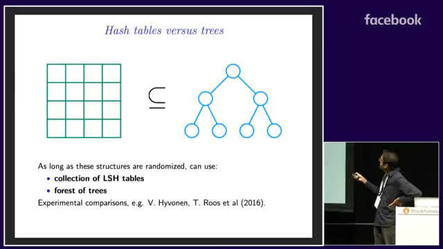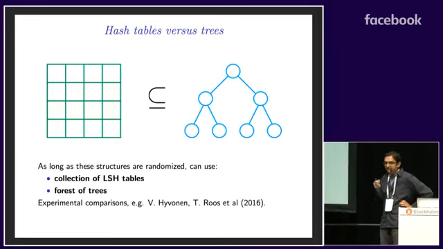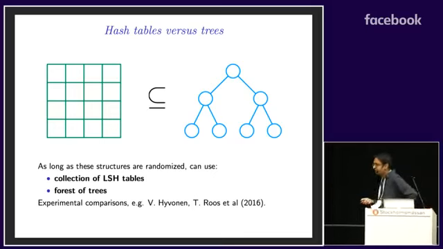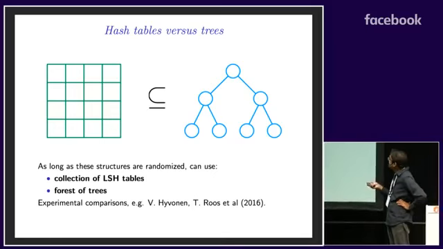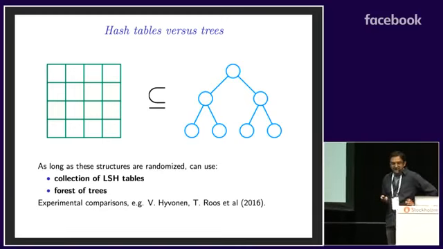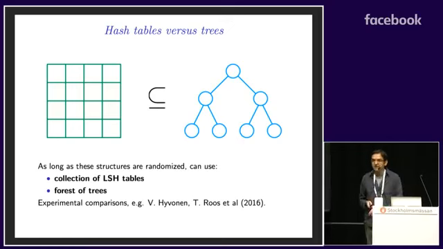And you can similarly use a randomized tree and build a forest of these trees and compare which is better. There are increasingly studies of this type. Here's one example, and I think it's hard to tell. It's really a toss-up.